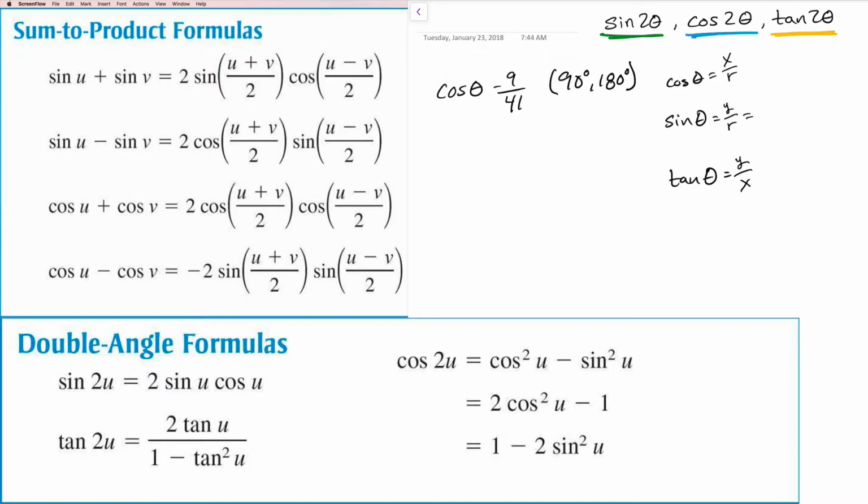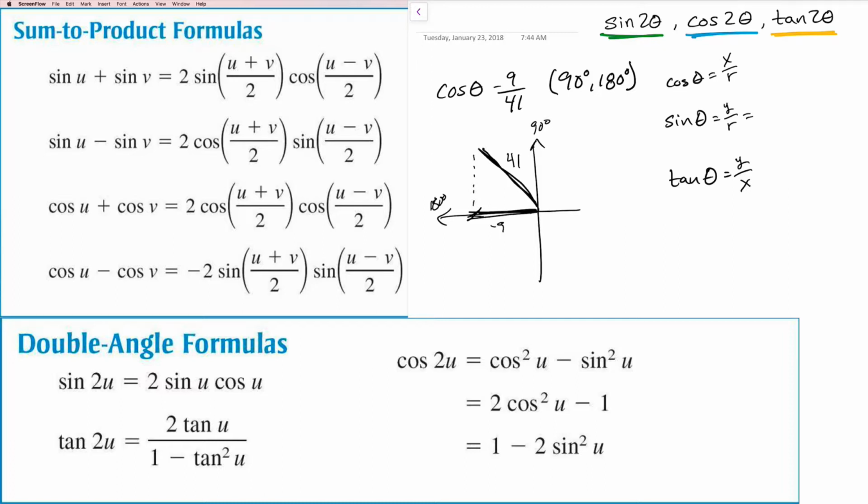So I already know my cosine, so my sine theta, my y value, I'm actually going to look at my unit circle. And I know that my interval is from 90 degrees to 180 degrees. And my x value is negative 9, right? It's negative 9. And my r value, my hypotenuse, if you will, is 41. So now I want to find the value for y.